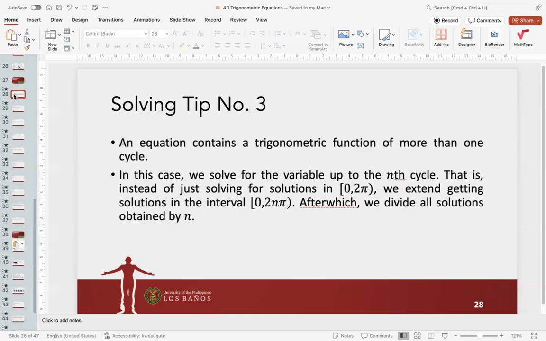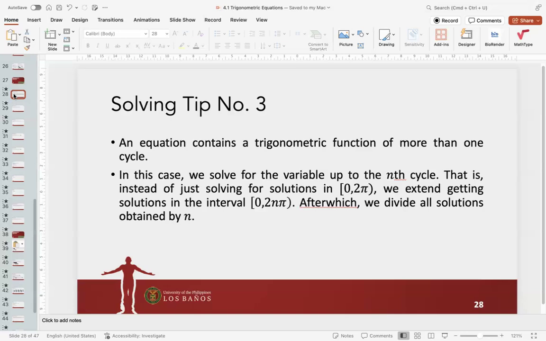If we say we have an equation, let's say cosine 3x equals 1 half, the number of cycles there is 3 because the coefficient of x is 3. All right? So in cases wherein there is more than one cycle involved, all we need to do is to solve the variable up to the nth cycle.